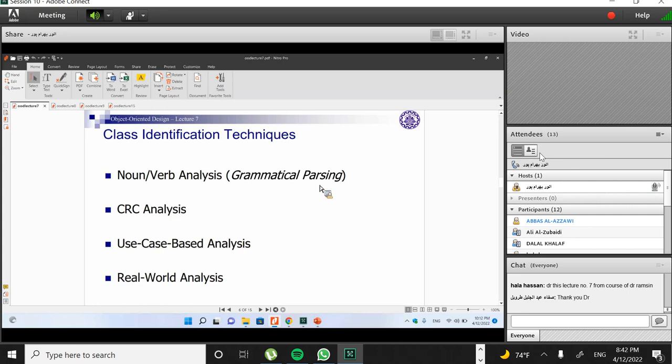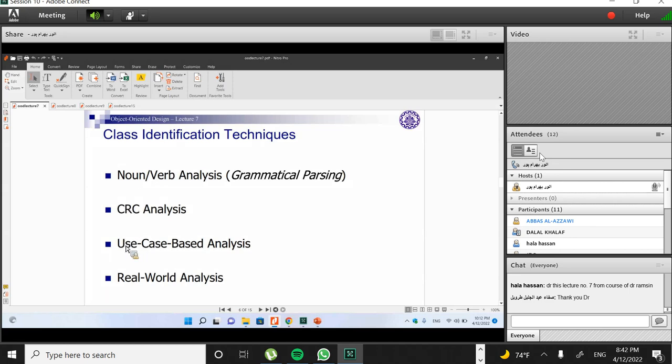The second approach for finding analysis classes is using tools named CRC cards, an abbreviation of class, responsibility, and collaborators. I will discuss this technique tonight.